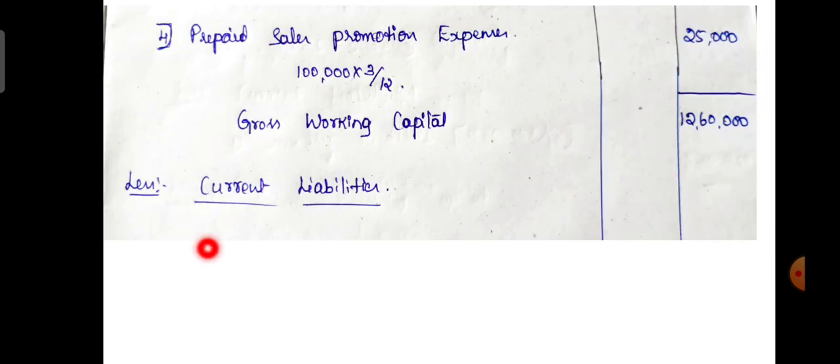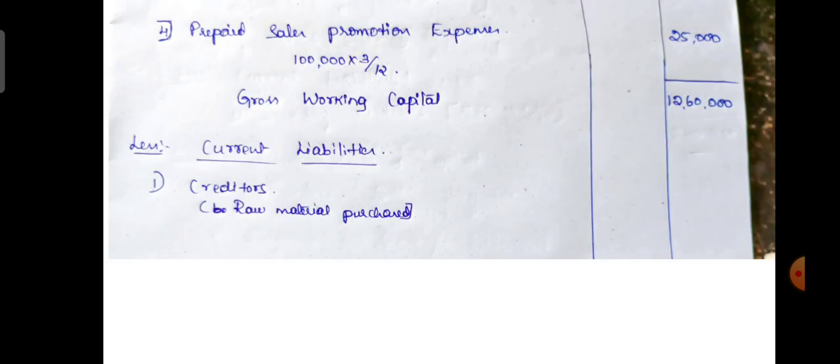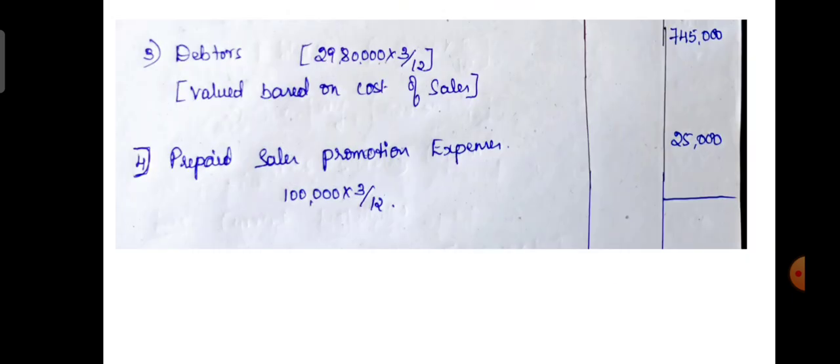So after that we deduct current liabilities. First is creditors. That means how we are finding the raw material purchase. Raw material purchase, that is the amount for calculation of creditors, and we need to look at the question.